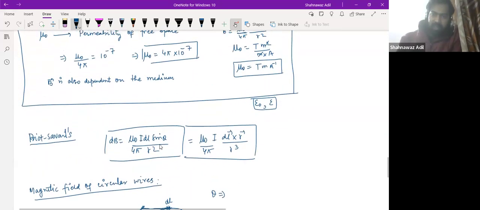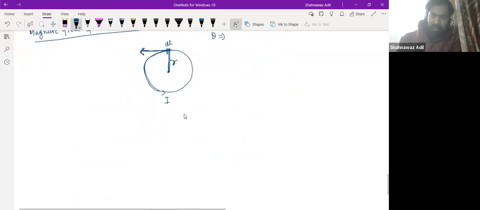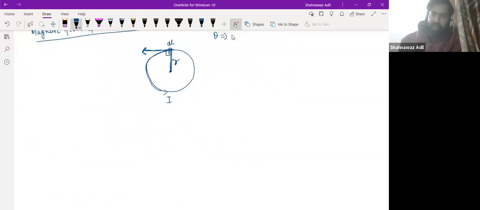Sine theta, where theta is the angle between dl and r. So what is this angle? This is 90 degrees, right? Theta is 90. What would be sine theta? That is sine 90.